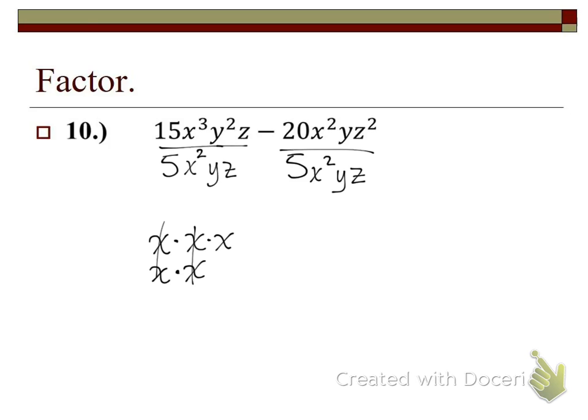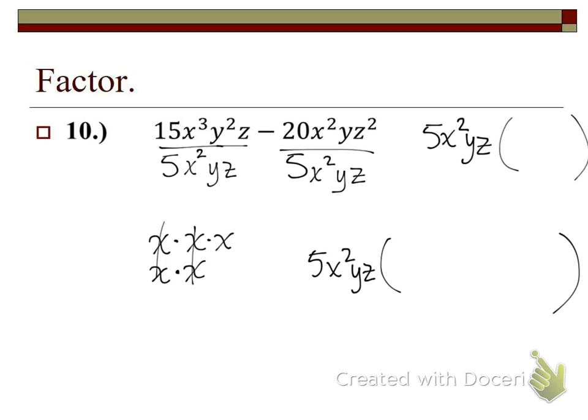So, where else does that GCF get written? On the outside. Outside some parentheses. Inside those parentheses, what do I have? X squared yz. That's 3. Yep, 15 divided by 5 is 3.